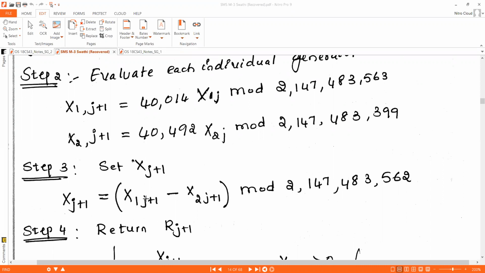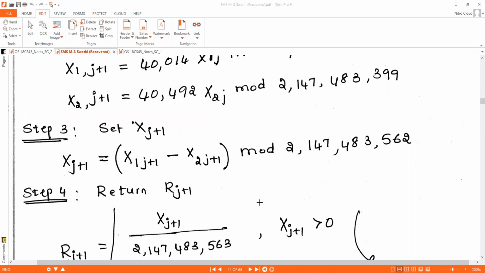Using that value, we can find the x j plus 1 value.